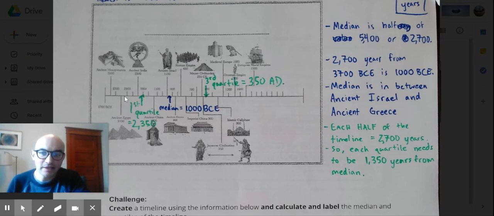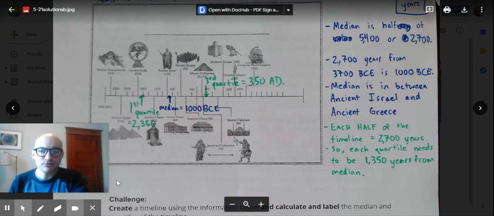These should look like roughly equal sizes. If we had a ruler out and were using real close precision, maybe a computer with some good graphing technology, we'd make sure these are exactly equal gaps in years. But since we're just doing it with pencil and paper, just do your best with marking it. As long as they're pretty close to equal, that's perfectly fine.